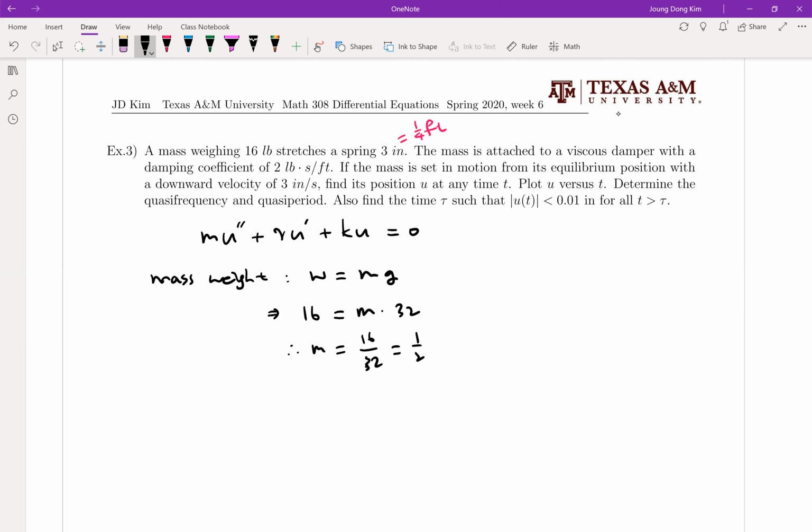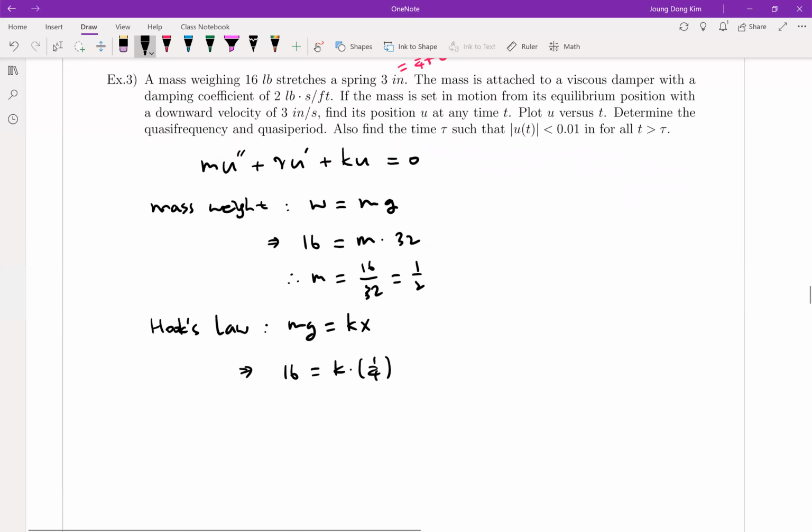And the second one, by that mass, your spring is stretching out 3 inch, right? So with this equation, we can find the spring constant k by Hooke's law, which is mg equal to kx, right? mg is 16 and the stretching length is 1/4 feet.